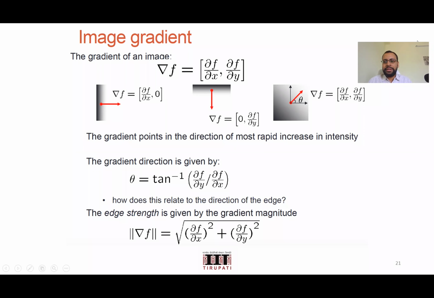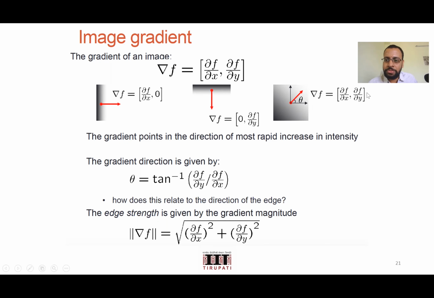And there is no hard and fast rule that we should have only horizontal and vertical edges. Edges could be in any other directions. Otherwise, we all would be having only rectangular objects. That's not the case. So here, the variation could be in this direction. As you move from this corner to the other corner diagonally, the intensities are changing.